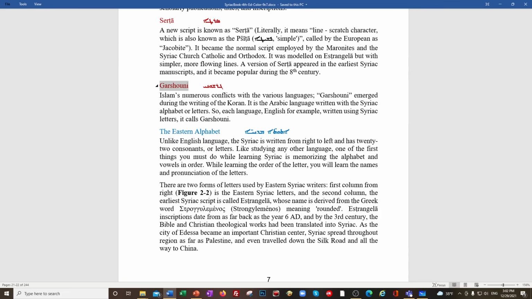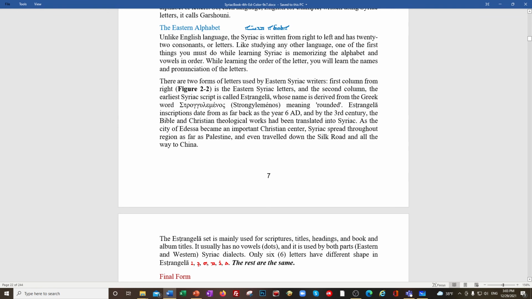The Eastern alphabet, this is the subject of this book, Ɂayaʲ Madanhaya. Unlike English, the Syriac language is written from right to left and has 22 letters. Like studying any other language, one of the first things you must do while learning Syriac is memorizing the alphabet and the vowels in order.